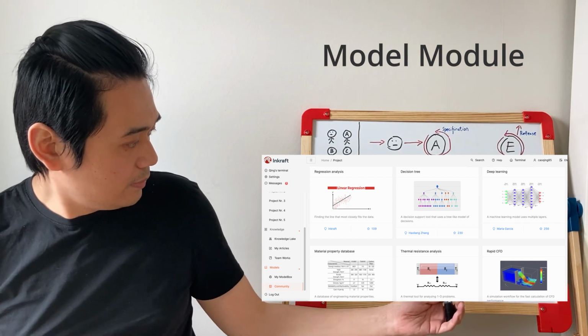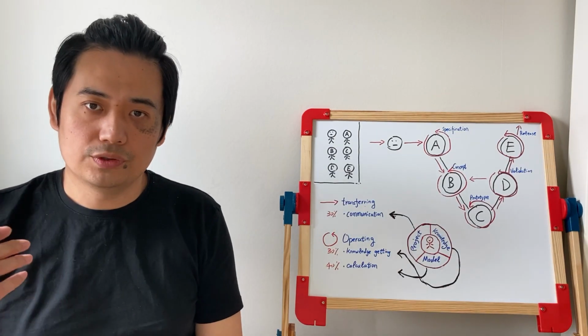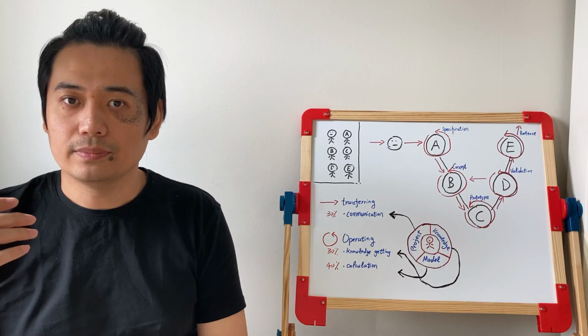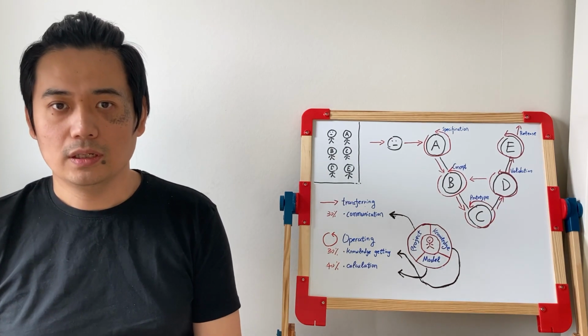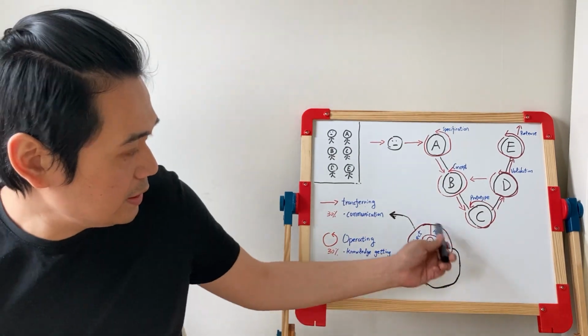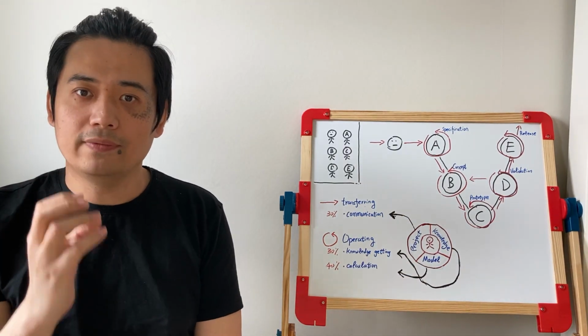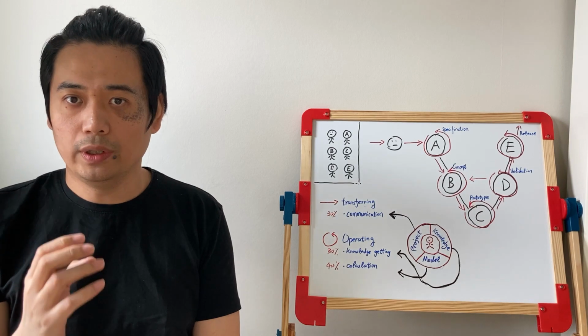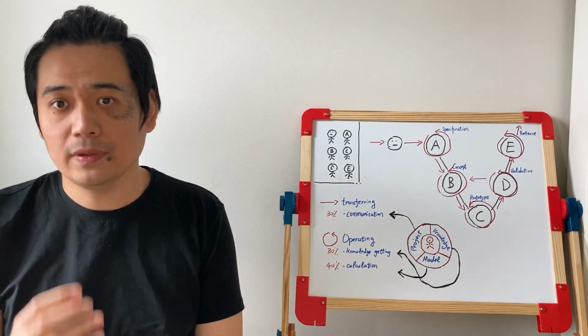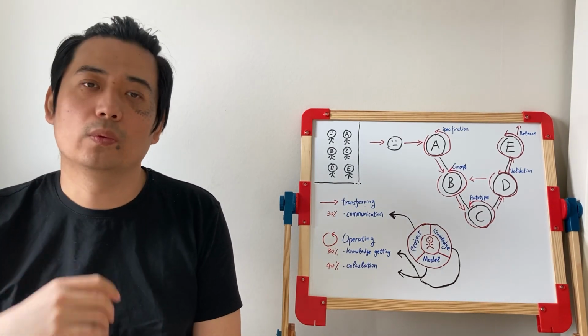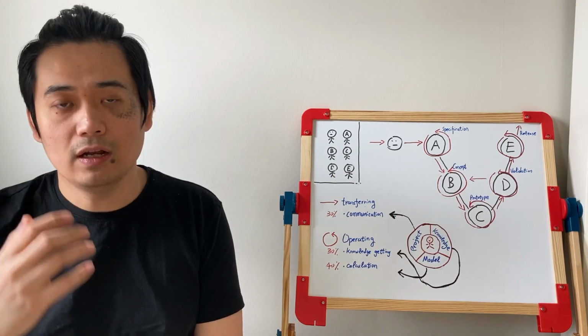So with this model module, we will solve the engineering calculation problem. So you see, with these three modules, we finally achieve an all-in-one R&D terminal, with which we can save time, reduce cost, and improve our development quality.